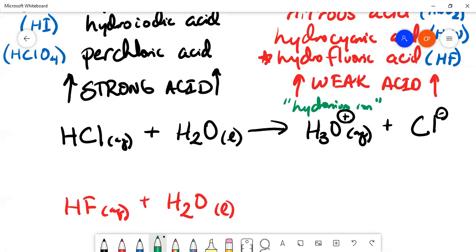Now, many of you who've studied this previously may have seen this reaction written as HCl yields H+ and Cl-, just saying HCl by itself breaks up into hydrogen ions and chloride ions.